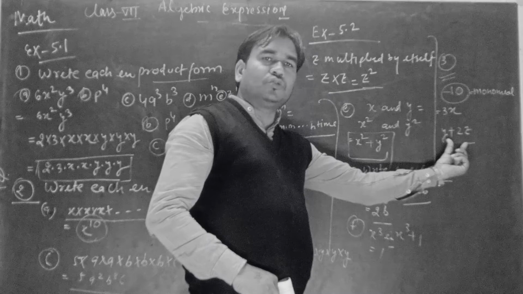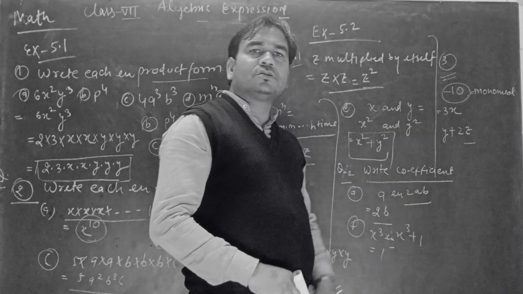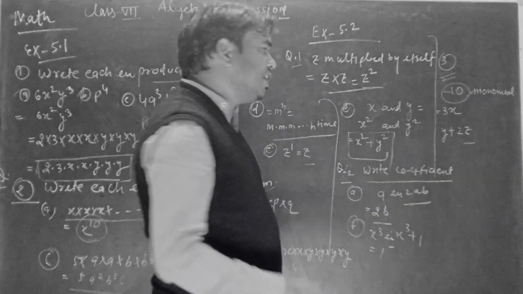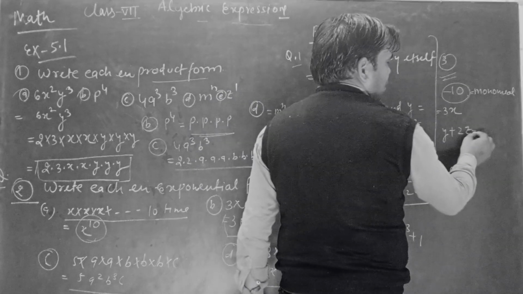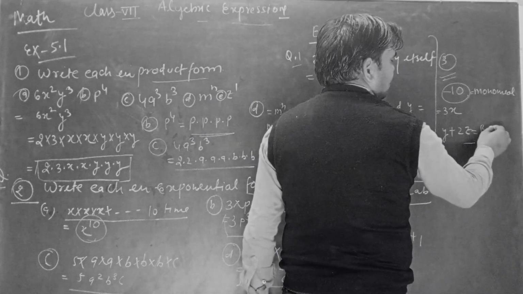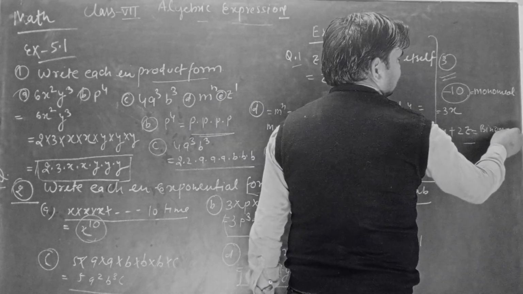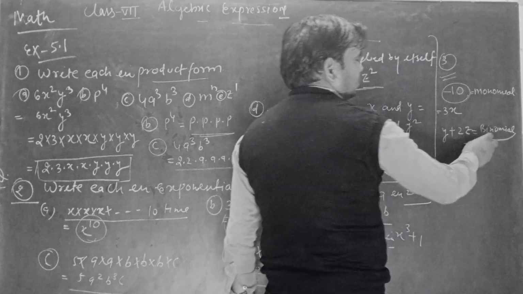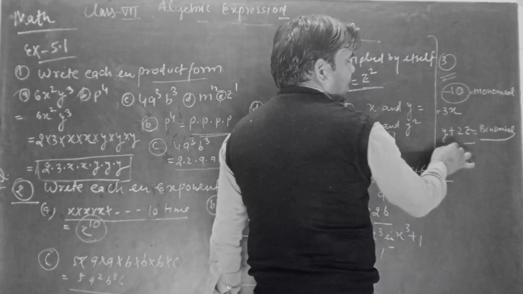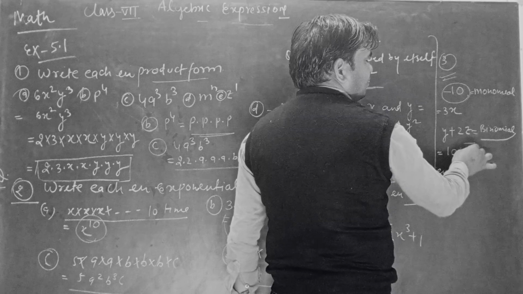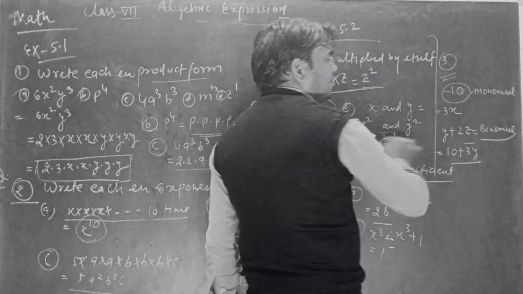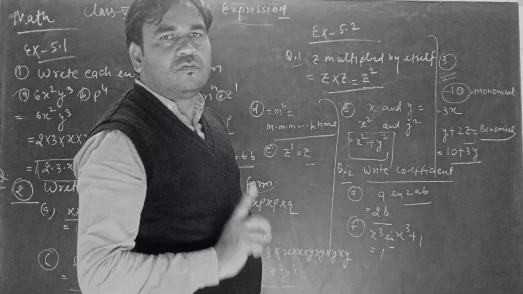So two terms are given here, so this is in the form of a binomial. And the same way, 10 plus 3y is also a binomial.